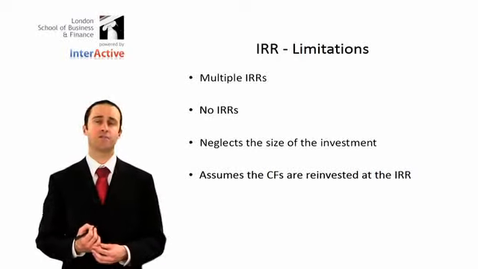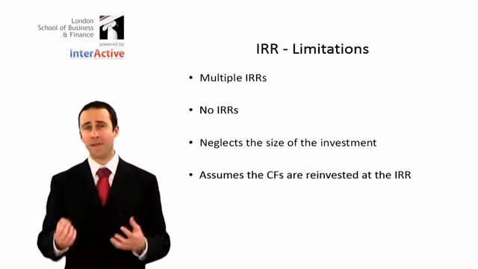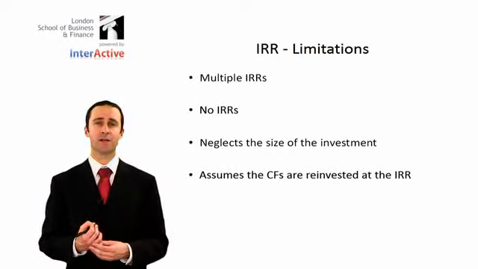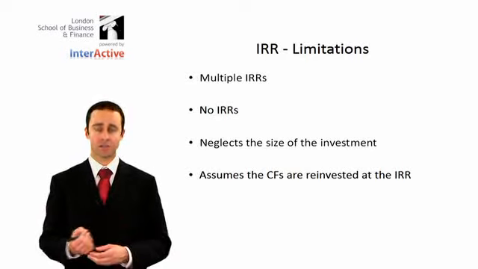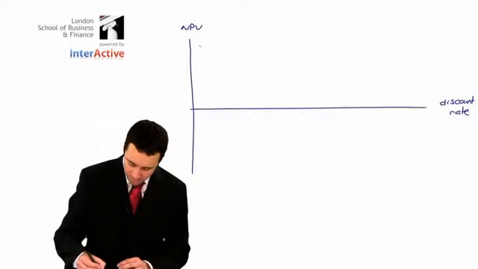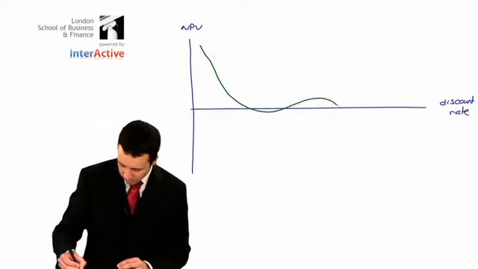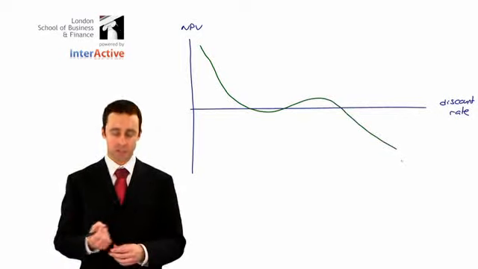Some of them you'll be less familiar with. The first one, based upon your internal rate of return, is that you could have multiple IRRs. By that, what we mean is that we could have a project that has more than one internal rate of return.